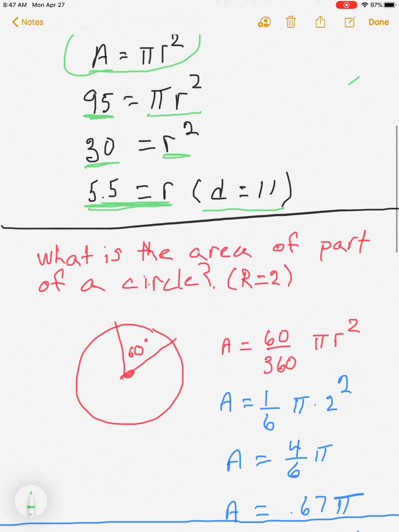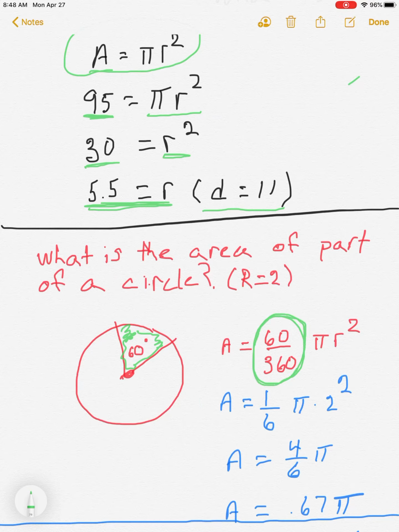The next problem I have here in red is what's the area of part of the circle? Let's imagine that we're just going to find the area of the circle inside the 60-degree angle portion. So just this portion in here. What's the area of just this portion? All right, so we begin with the formula. Area is pi r squared, but this time we're taking a fraction of the total circle, specifically 60 degrees out of 360.